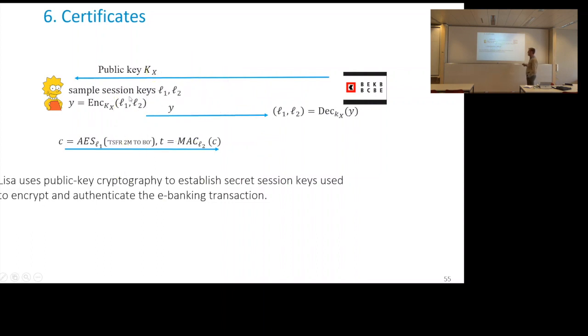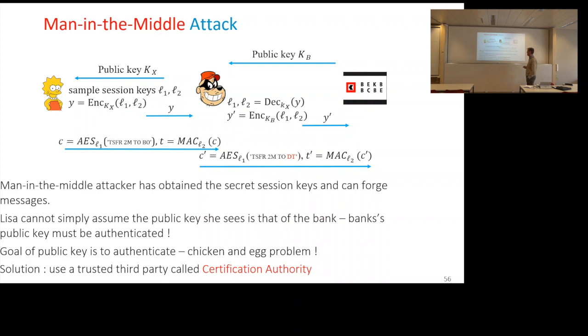This is what we saw. It's typically used. This is called hybrid cryptography, one of the standard uses of combination with symmetric cryptography. But now assume somebody does a man-in-the-middle attack.